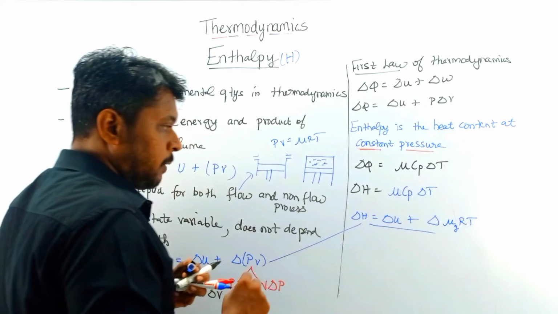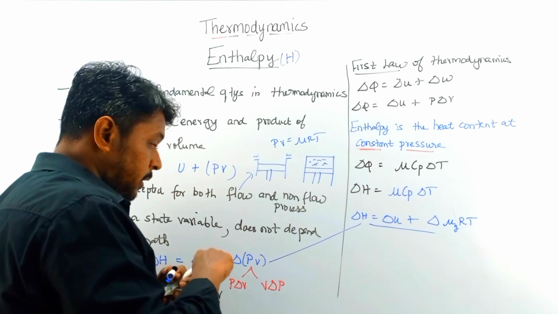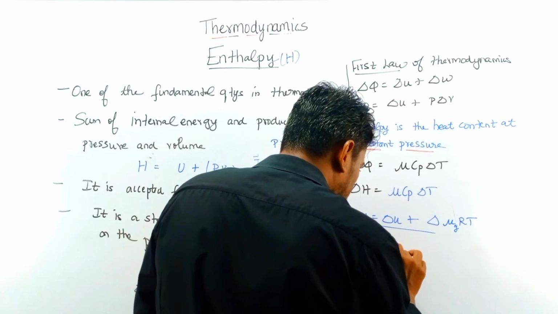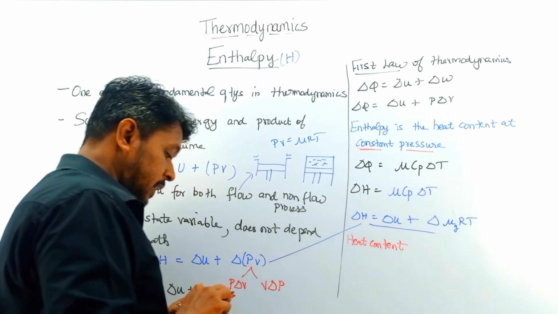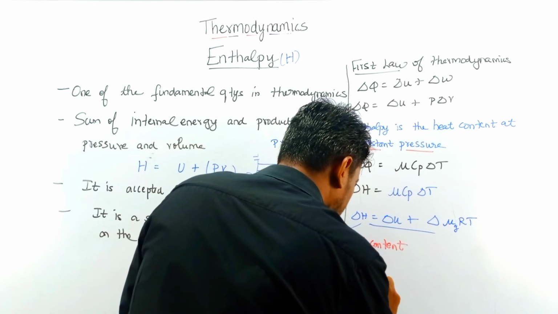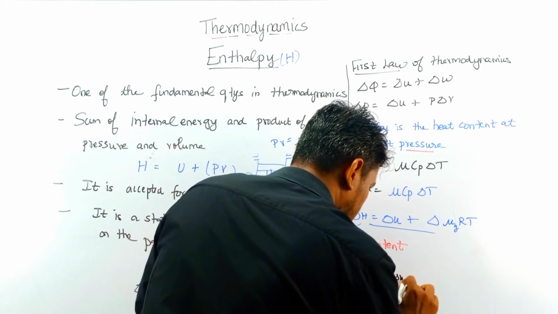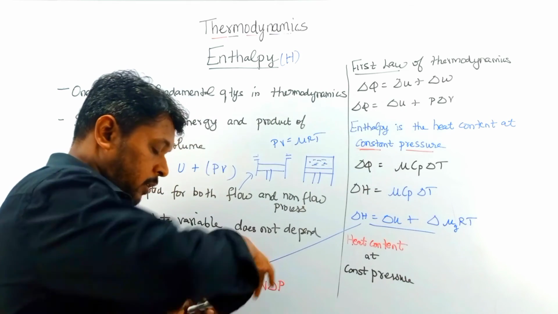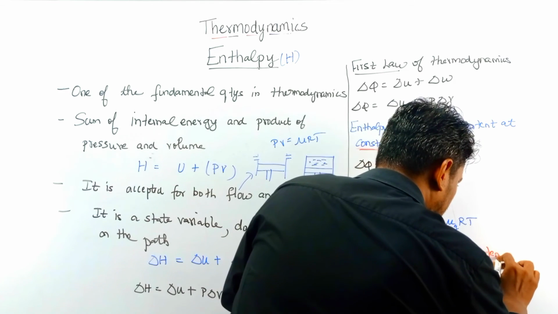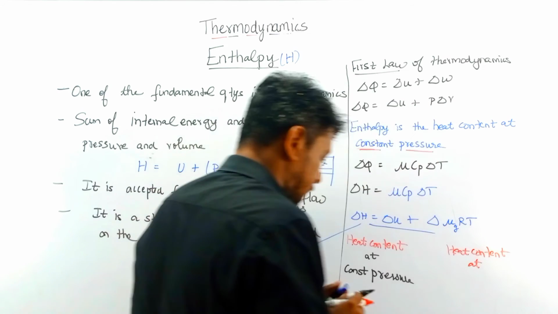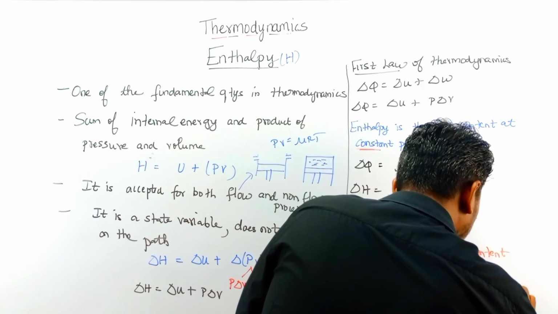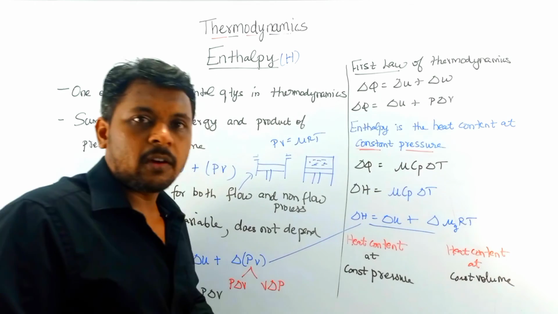From this we can say that delta H is nothing but the heat content at constant pressure. Next, what is the heat content at constant volume?